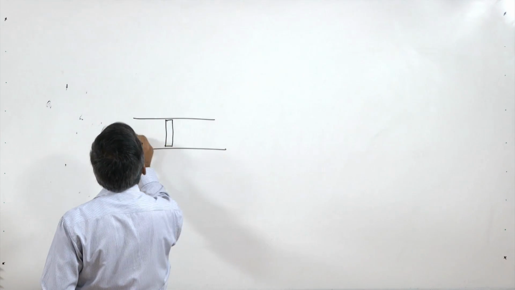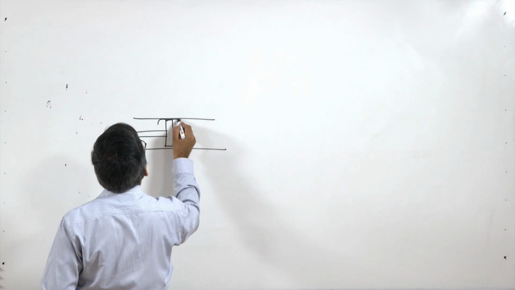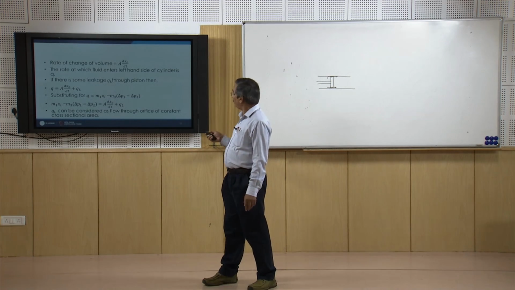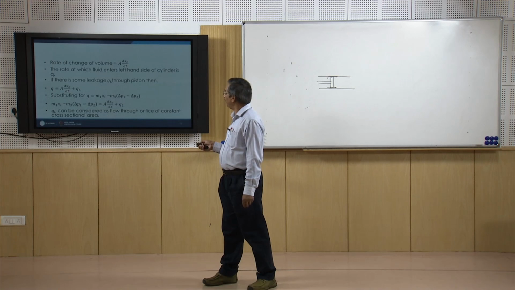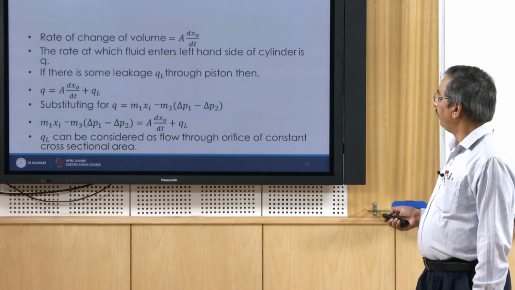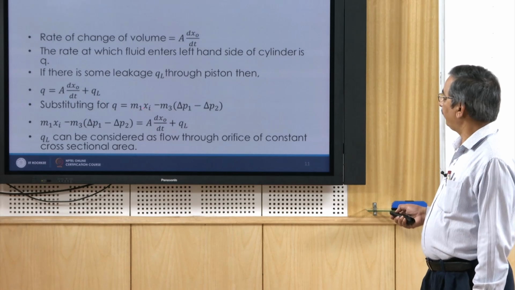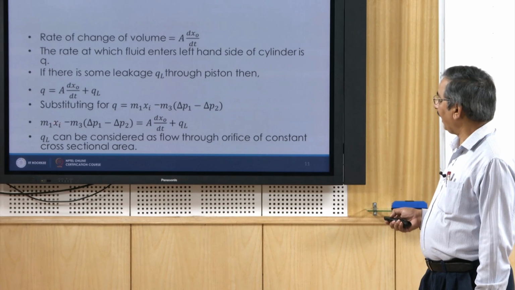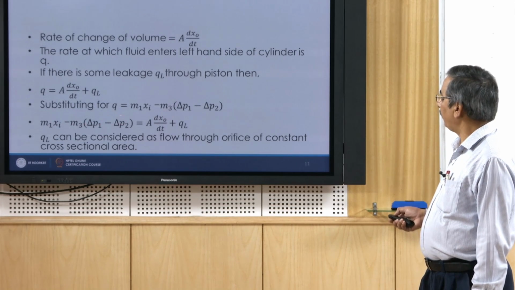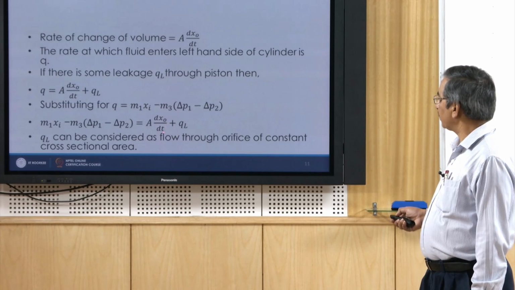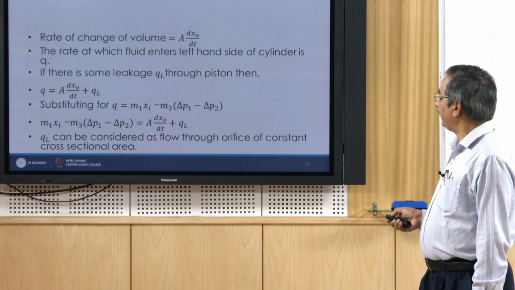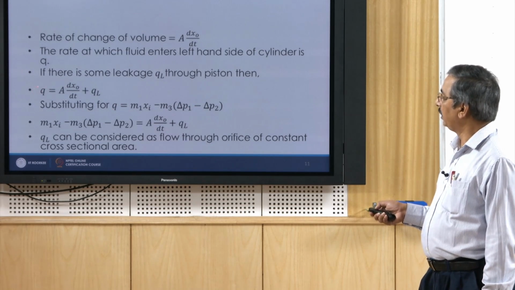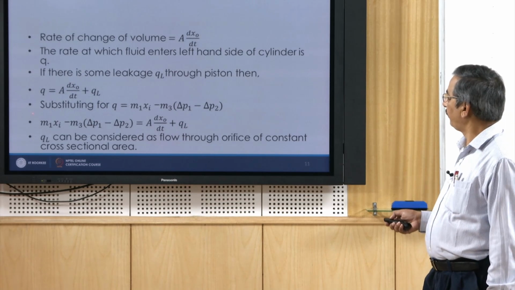So Q will be A dx0 by dt plus QL, and substituting for this Q in the expression we have already derived, we get M1 Xi minus M3 (delta P1 minus delta P2) is equal to A dx0 by dt plus QL.